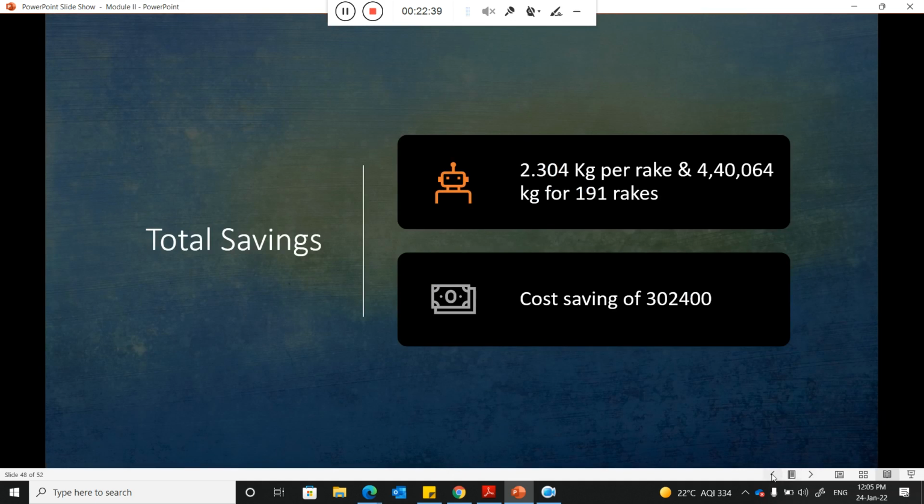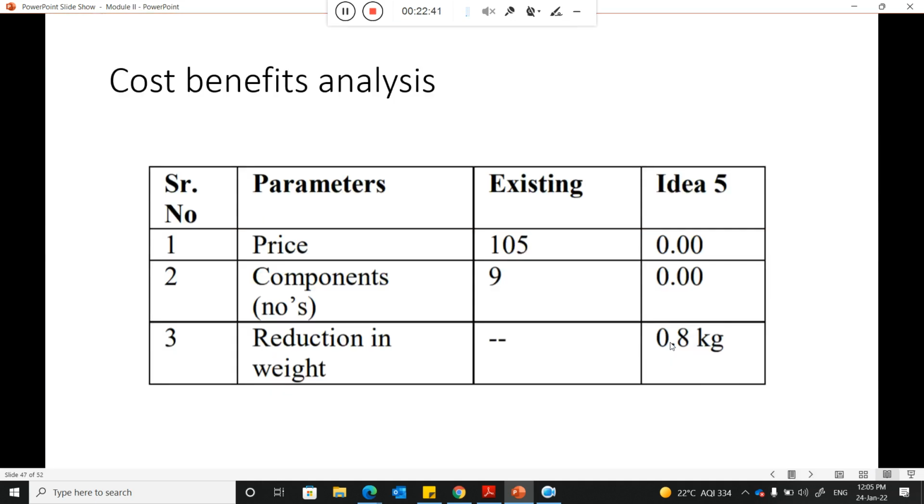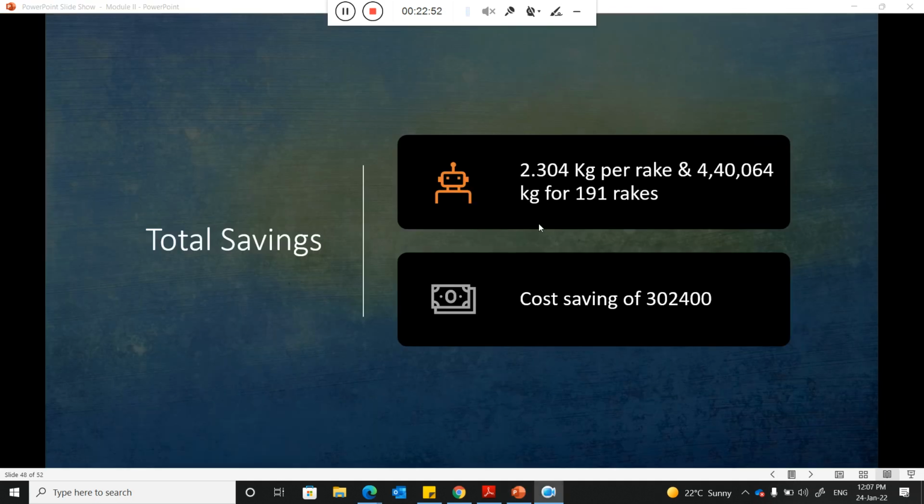So how much can we save? Just tell me. 0.8 kg is the weight per handle, and how many handles are available in one car? We already discussed that in the previous slide. The total saving is 2.304 kg per rack, and in this particular case study 191 total racks are available.